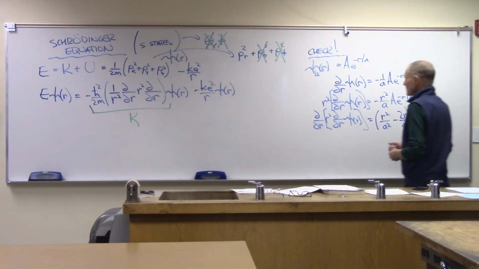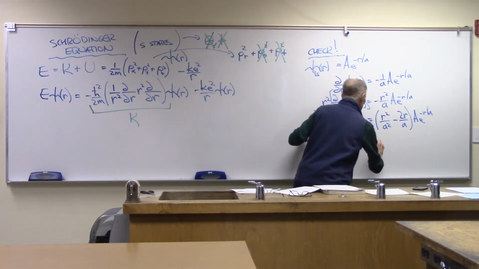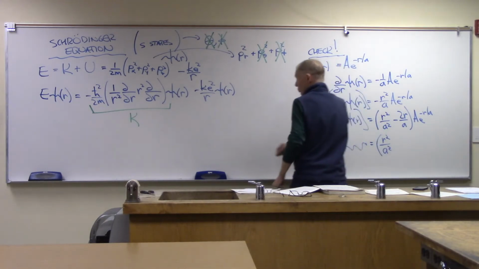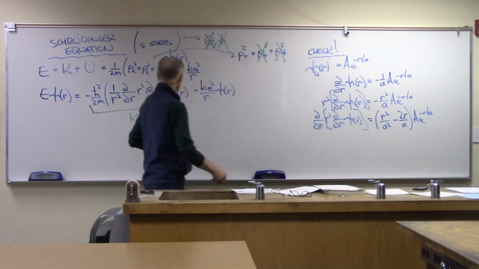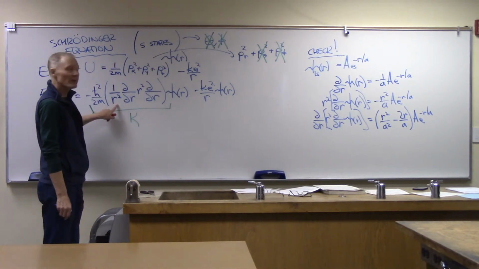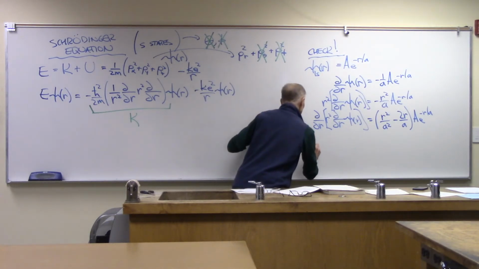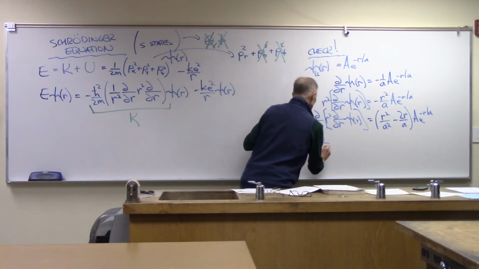So what we can say is that everything we did here gave us r squared. Oh, we've got one more step. Almost forgot. What's the last step? The last step is dividing through by r squared. So now we're going to do 1 over r squared times everything we did before.